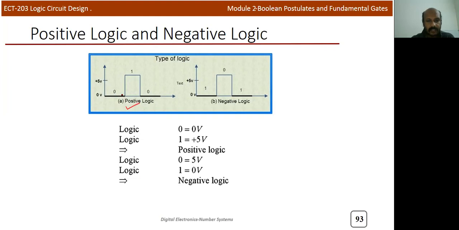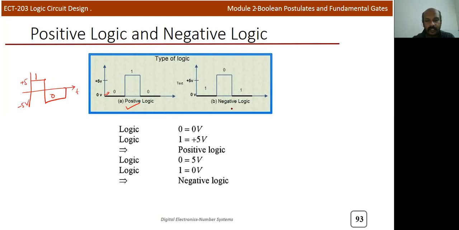In positive logic, the low voltage, if you take this particular example here, 0 volt is used to represent binary 0, and plus 5 volt is used to represent 1, or you can say a higher voltage. For example, I can use plus 5 volt and minus 5 volt, where plus 5 volt represents logic 1 and minus 5 volt represents logic 0. This is another way.